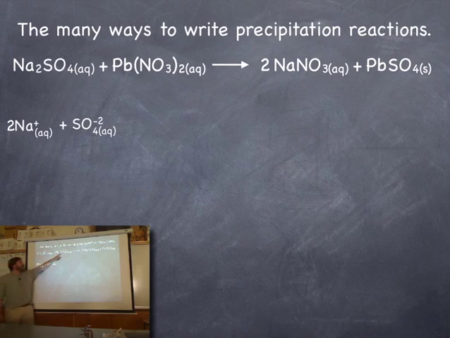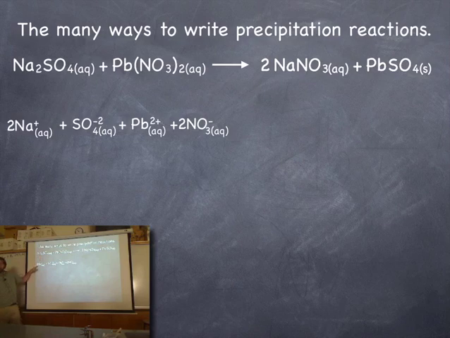Same thing with the lead nitrate. The lead is a separate ion from the nitrate. Notice I took these subscripts and turned them into coefficients because there are 2 separate sodium ions floating around. There are 2 separate nitrate ions floating around.